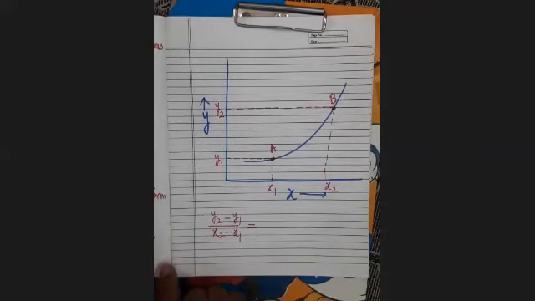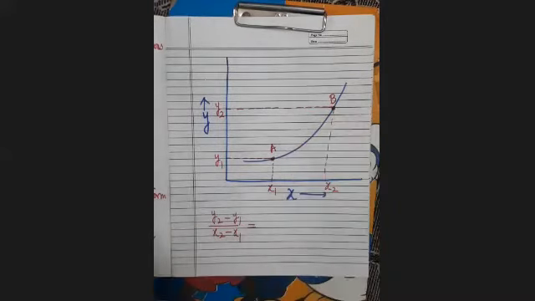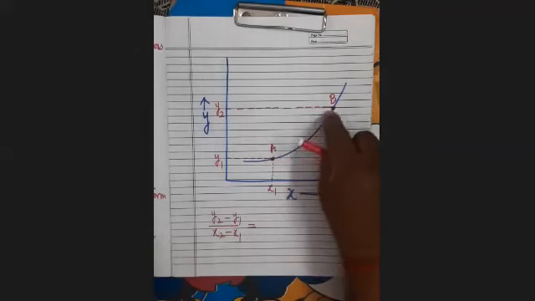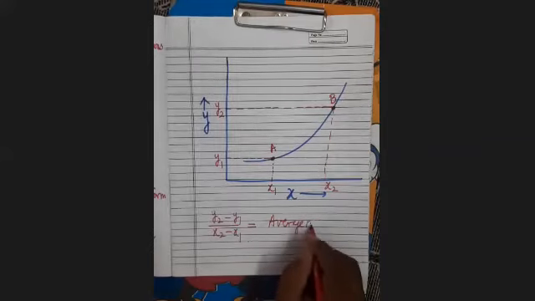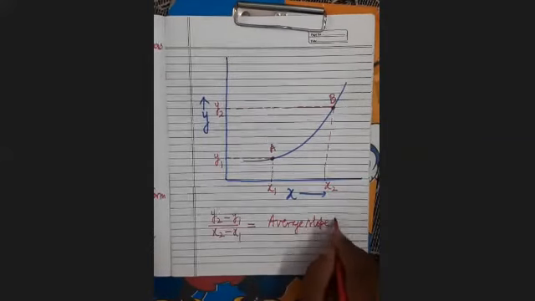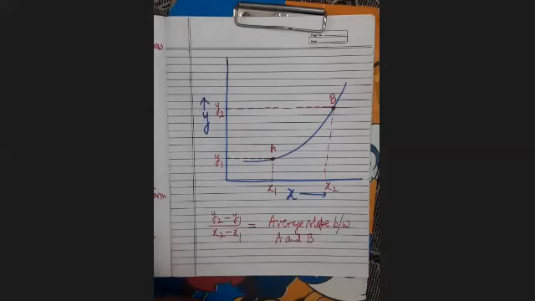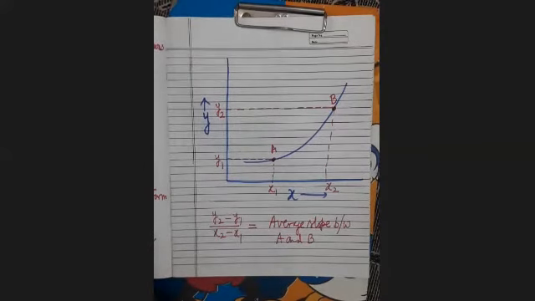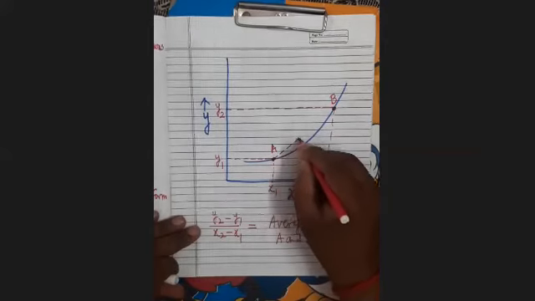And why do we say average slope? You can see in the beginning the slope is less, afterwards the slope is more. From A to B the slope is not uniform. Therefore, it is the average slope between A and B. In other words, you can say it is the slope of this chord.